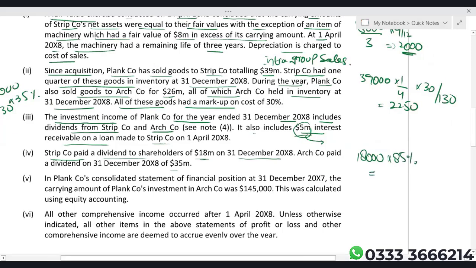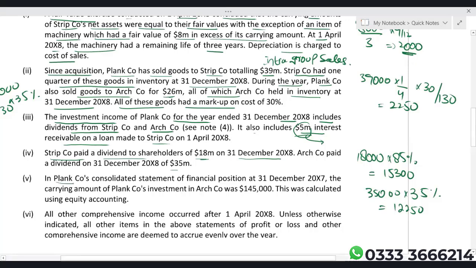So if I take 85% of 18,000, I'm getting 15,300. So this 15,300 will be eliminated. When it comes to dividend from associate, which is 35,000, obviously only 35% of 35,000 belongs to parent, which is 12,250. So dividend from subsidiary and dividend from associate will be eliminated in group accounts.